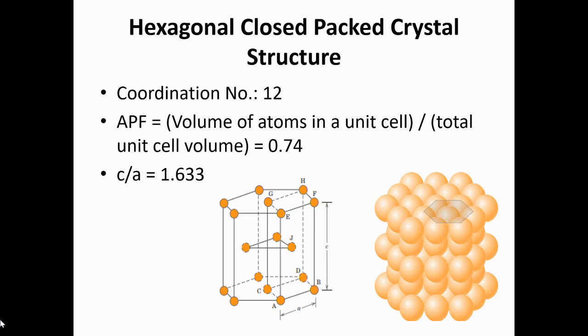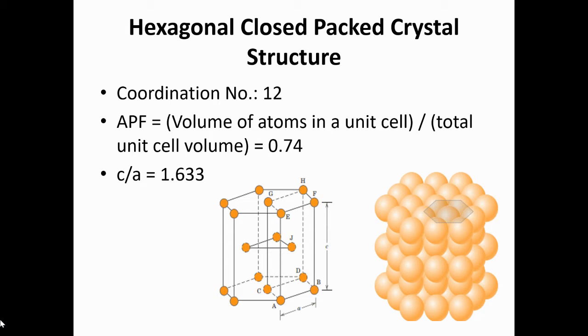Another plane that provides 3 additional atoms to the unit cell is situated between the top and the bottom planes. The atoms in the middle plane have as nearest neighbor atoms those in both of the 2 adjacent planes.